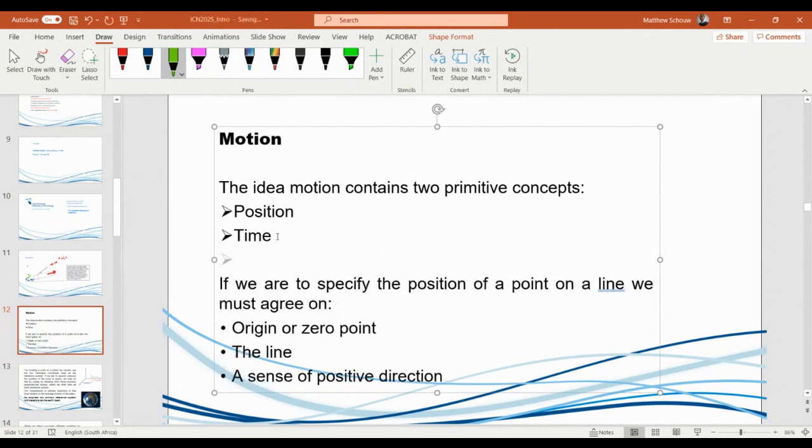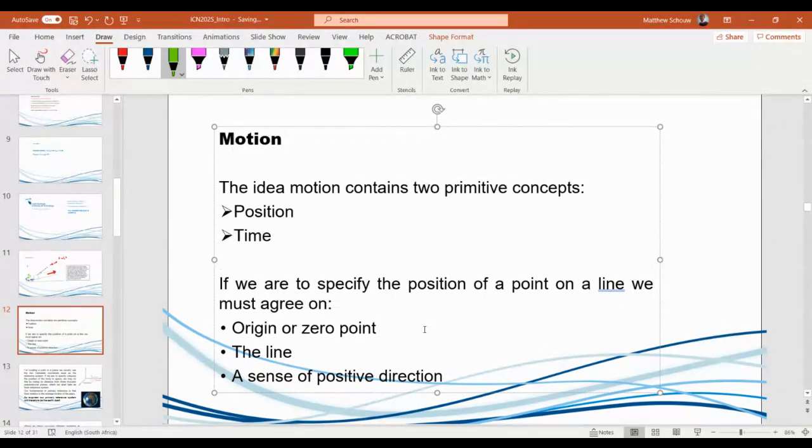We're familiar with time. What I want to elaborate on is position. It's all going to lead onto inertia.